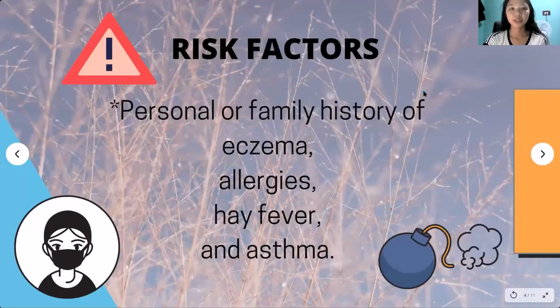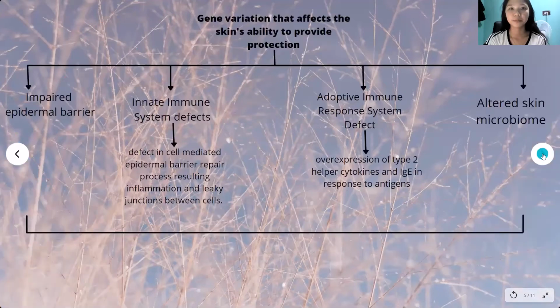The risk factors are personal or family history of eczema, allergies, hay fever, and asthma. So let's talk about the pathophysiology. It starts with a gene variation that affects the skin's ability to provide protection.